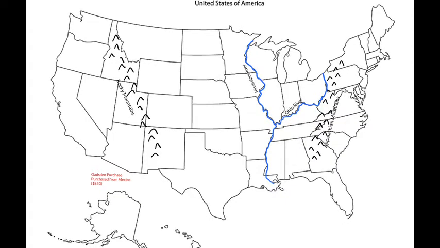So our next step is going to be the original 13 colonies. So we are going to go ahead and make this a dashed line because while we want to show that it is the original 13, it's not the only part that is the original part of America.